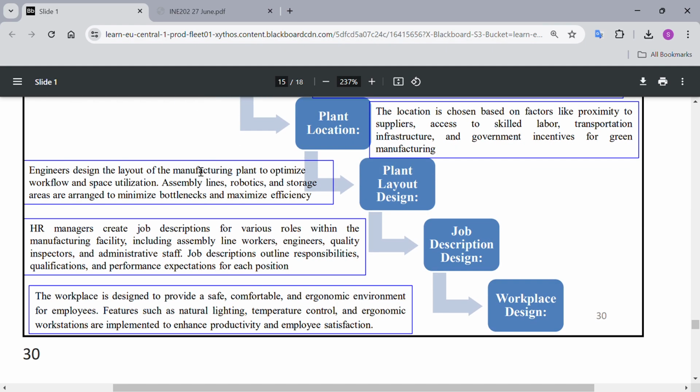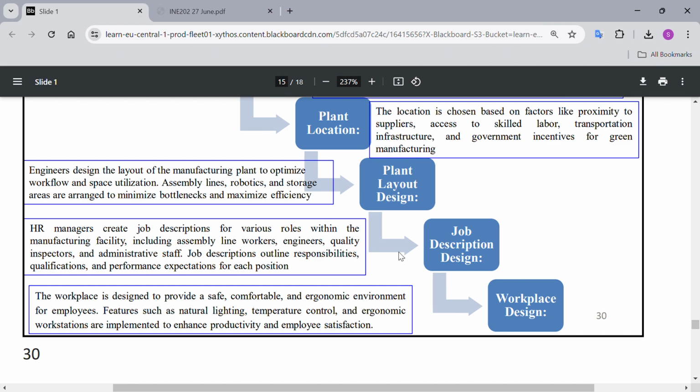After they design the manufacturing process and workflow and the space, the overall factory that's going to produce, in this example, an electric car, or whatever it may be, like a mobile phone or printers, this is the plant layout design.